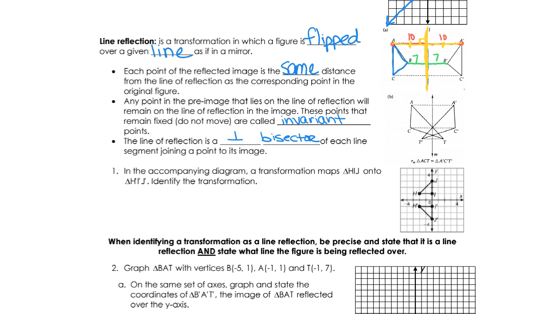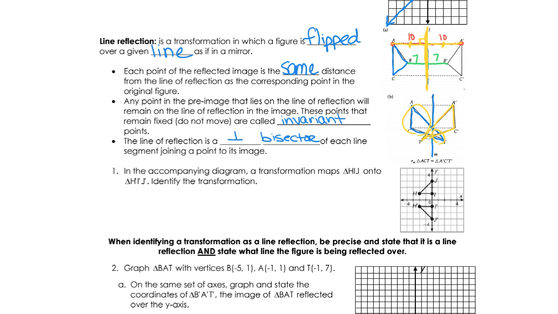One more thing to talk about in this picture: notice that part of your original triangle is already over the line of reflection. So this part that's already over still flips to the other side, and this part that's on this side will flip over to this side. It makes your picture a little bit crazy because the two figures will overlap when that happens.